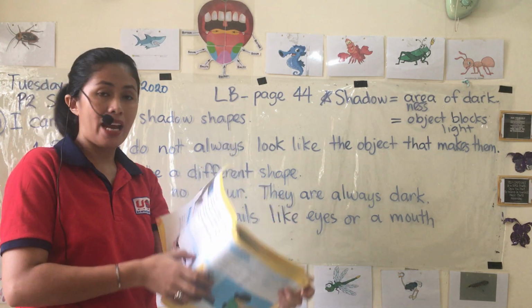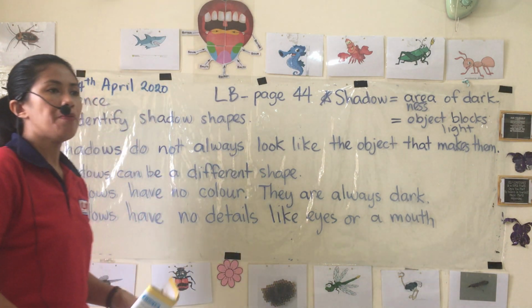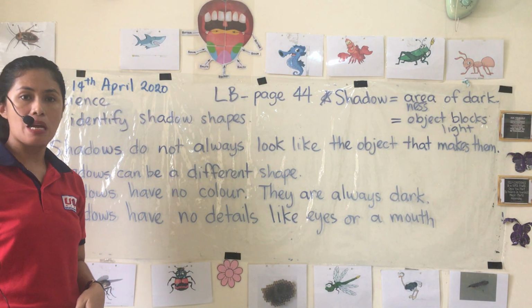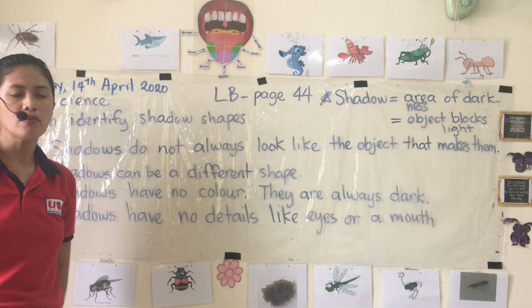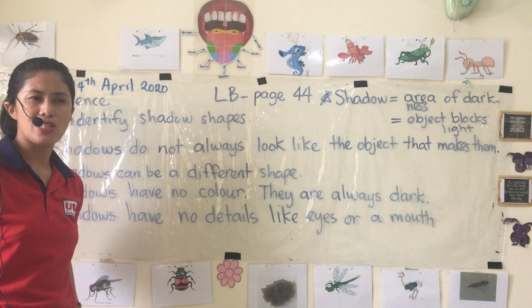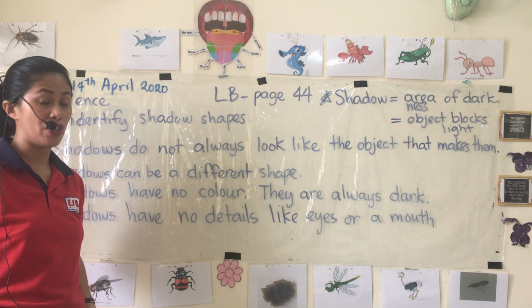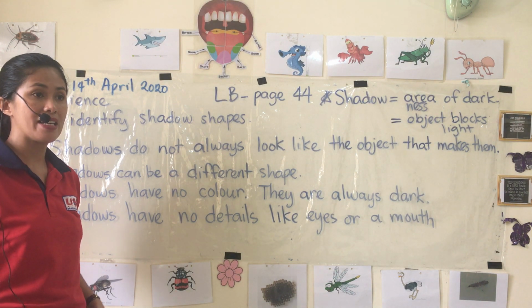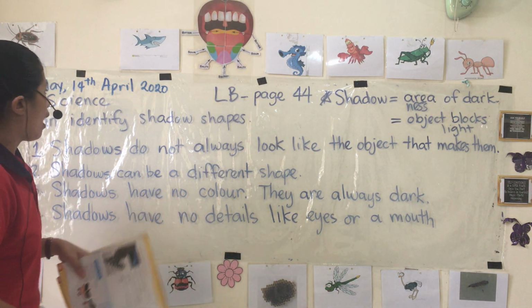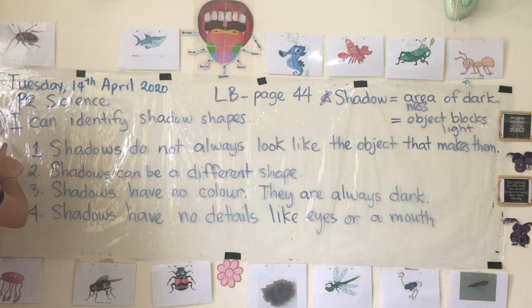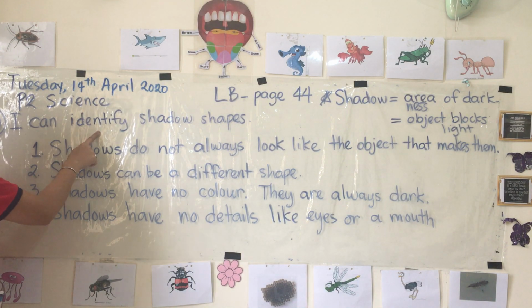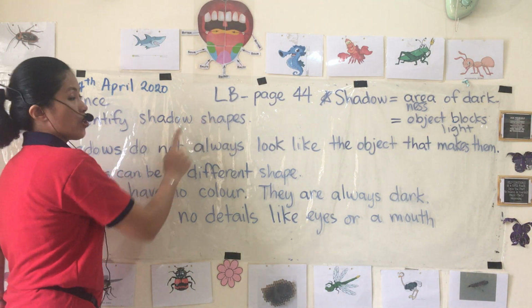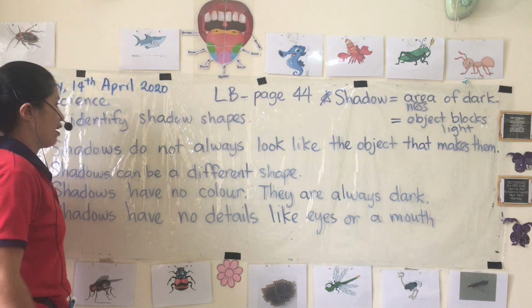Okay, for today's lesson, we will be talking about the shapes of a shadow. Is there really a shape of a shadow? Let's find out. So, our learning objective is: I can identify shadow shapes. Let's read it again.